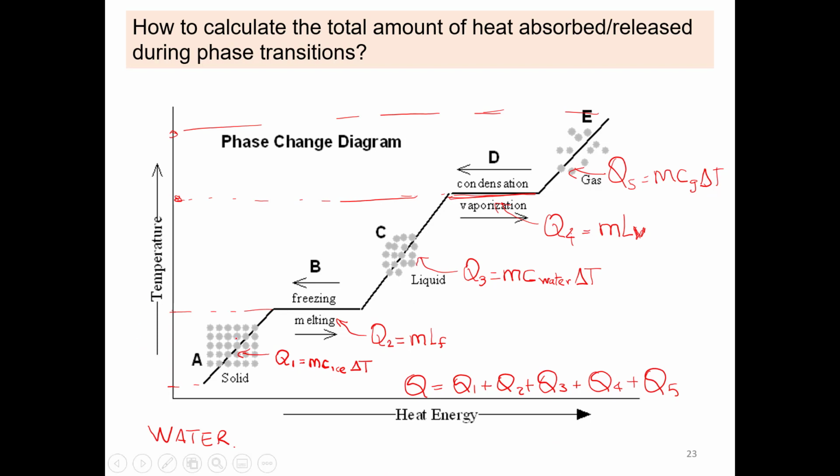Sometimes you need to calculate just the first 3 or just the first 2, depending on the range of temperature you need to analyze. In what range of temperature you need to solve the problem. But this is the whole picture, how you calculate the total amount of heat that is released or absorbed during phase transition.